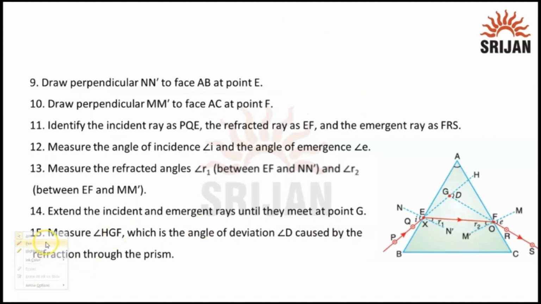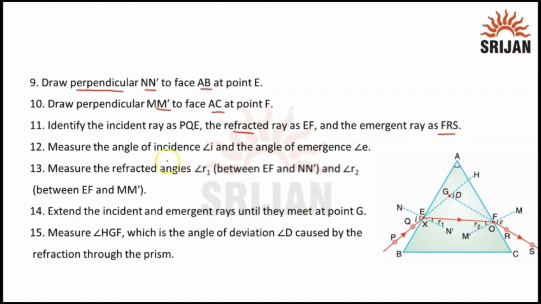Now draw the perpendicular NN' to face AB, and MM' on the face AC. Now identify the rays: the PE ray is the incident ray, the EF ray is the refracted ray, and the RS ray is the emergent ray.